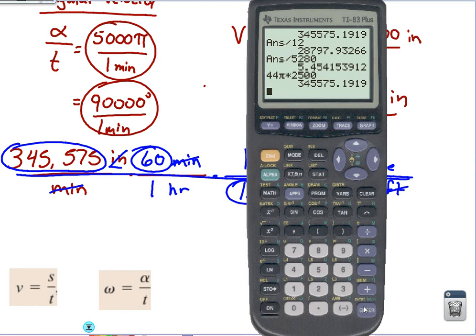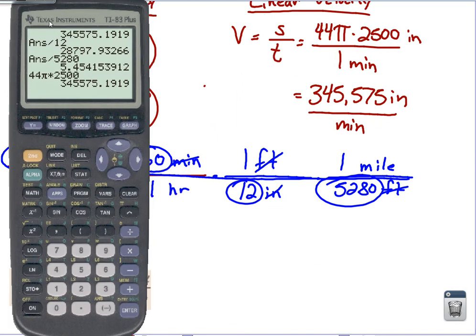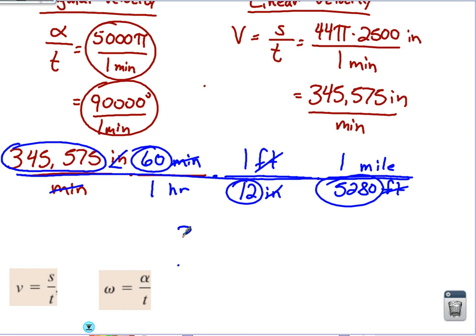I've got to take that number and multiply it by 60. That's the top of your fraction. The bottom of your fraction is divided by 12 times 5,280. And you get 327.25. So let's just call it 327. So that's 327 miles per hour.